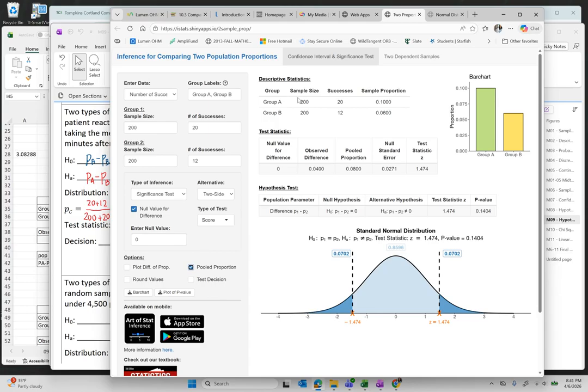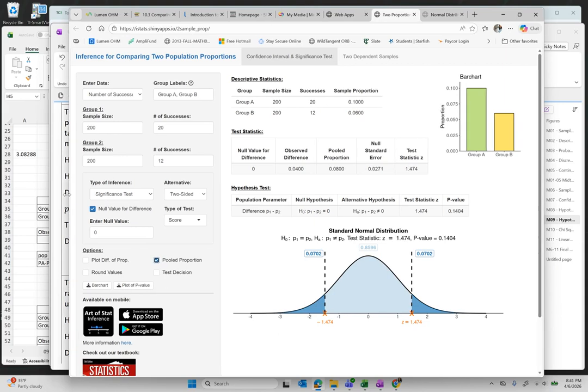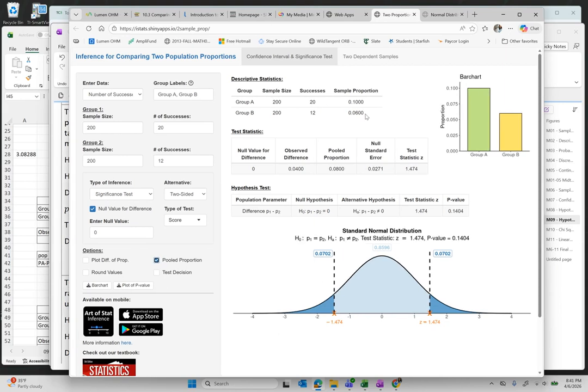So if you notice here, it creates this table, sample size of 200, successes 20, divides those two to get a sample proportion of PA hat of 0.1, and group B 200 with success is 12 and a sample proportion of 0.06. The null value for the difference is 0.